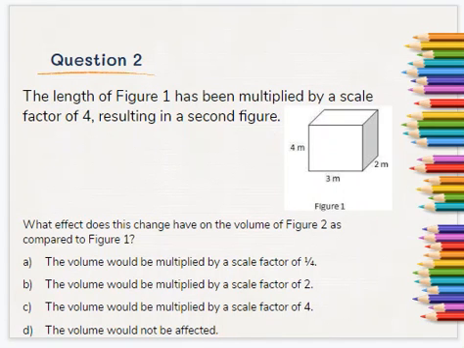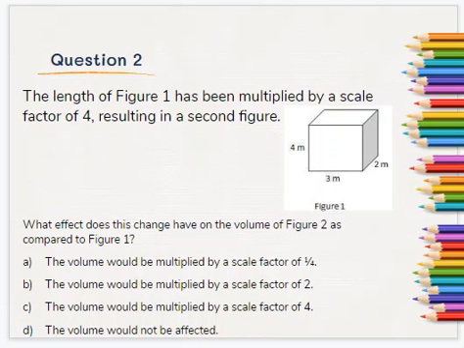Question 2. The length of figure 1 has been multiplied by a scale factor of 4, resulting in the second figure. You have a rectangular prism where the height is 4 meters, the width is 3, and the length is 2 meters.